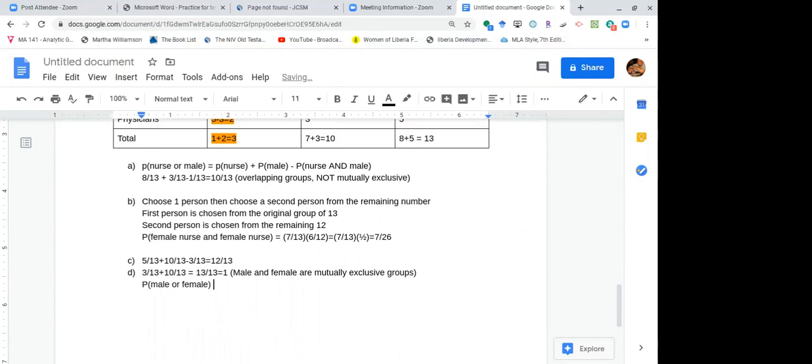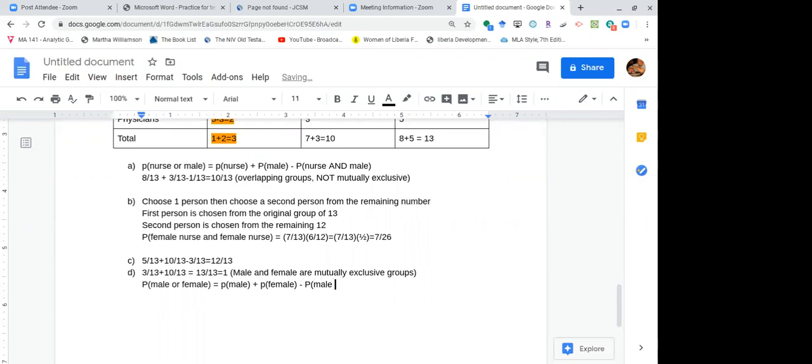So you would do the probability of being male plus the probability of being female minus the probability of being male and female.